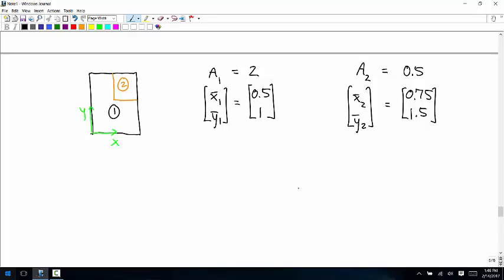And what's the total area for this one? For the whole thing, you have to subtract the areas. The area that we want for the total is just the material. So the total area is going to be 2 minus 0.5, so 1.5.